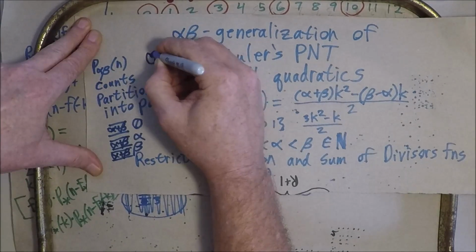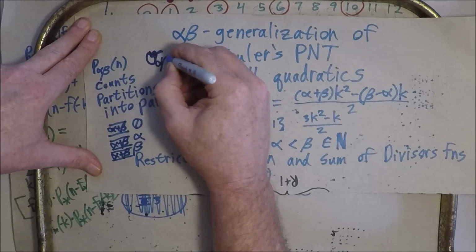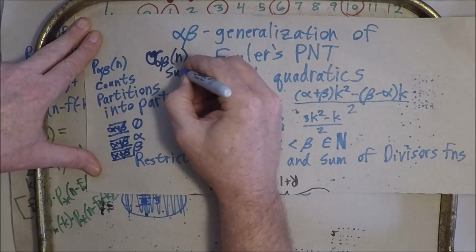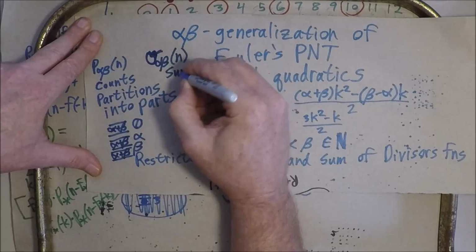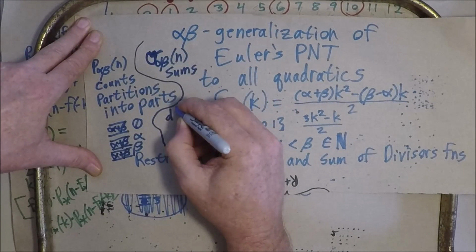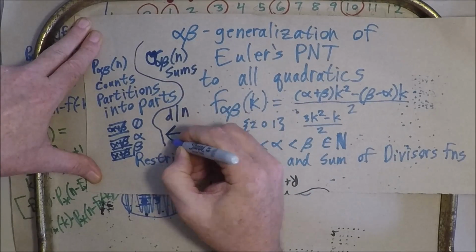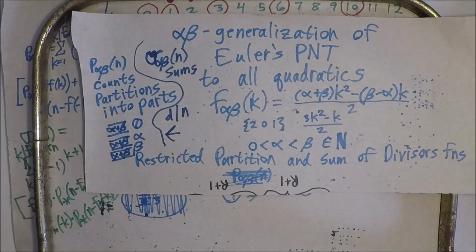And sigma alpha beta n sums, not counts, but sums divisors of n that meet these same criteria.